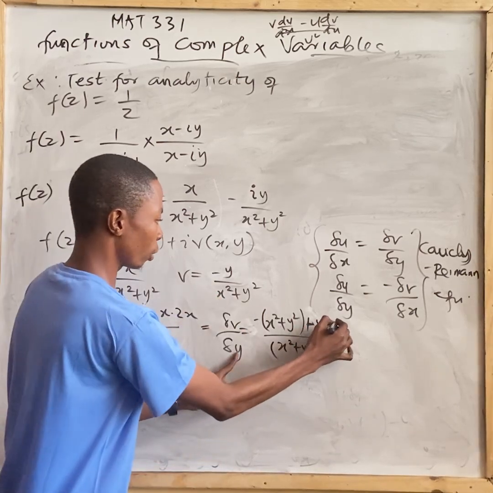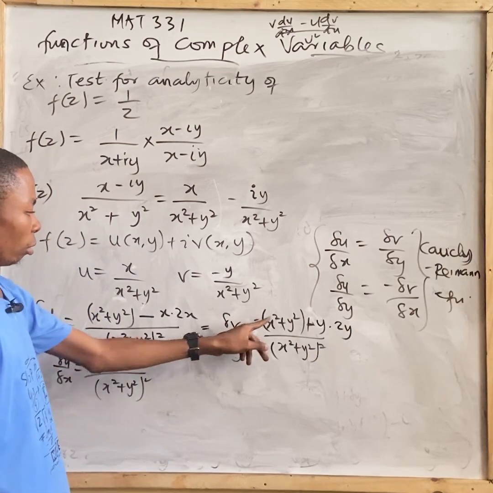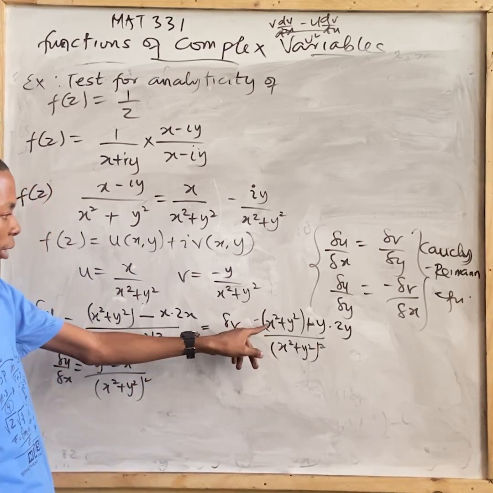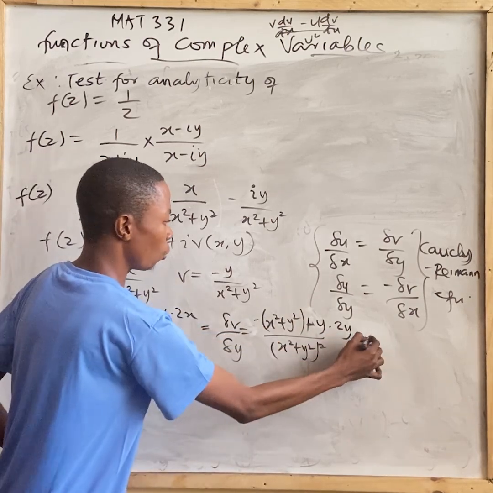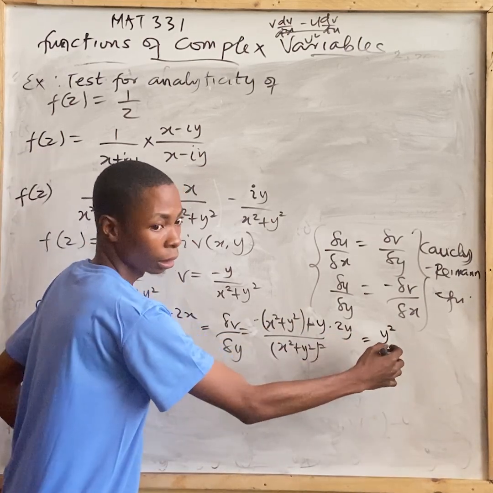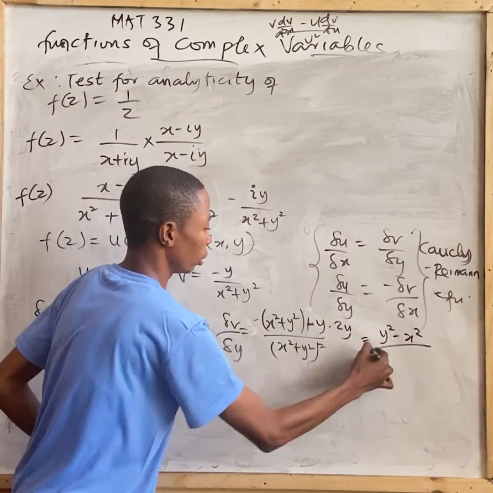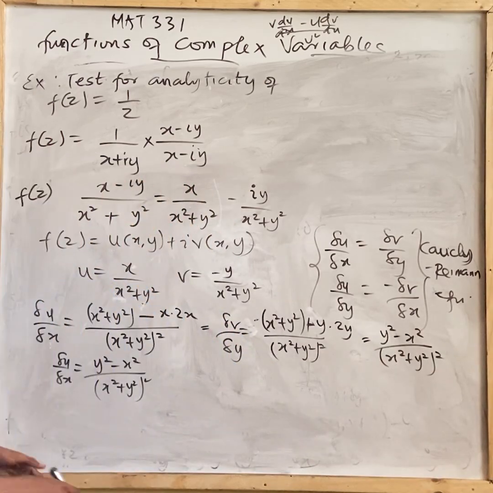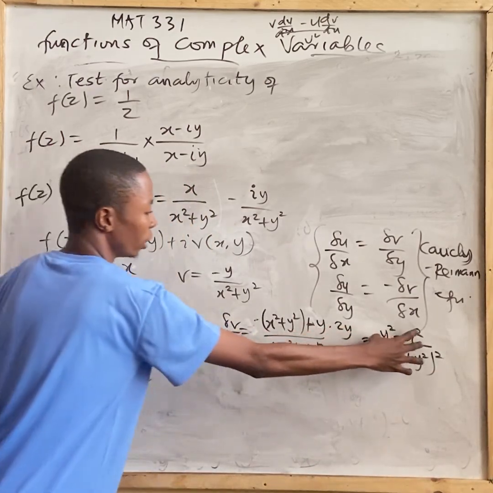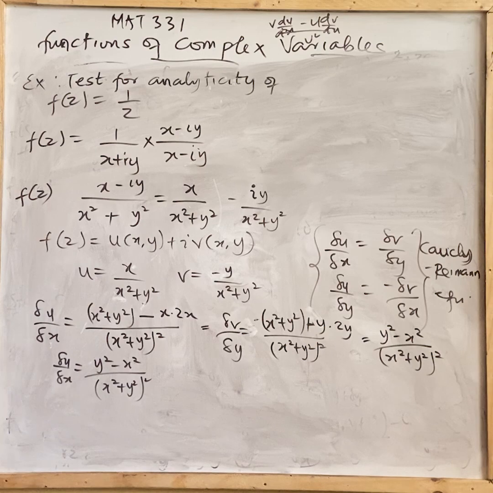If I differentiate y squared, that's 2y. Removing the bracket, we are going to have minus x squared plus minus y squared plus 2y squared. So that one will also give us y squared minus x squared all over x squared plus y squared all squared. So you observe that du dx is equal to dv dy. The first partial derivative holds.